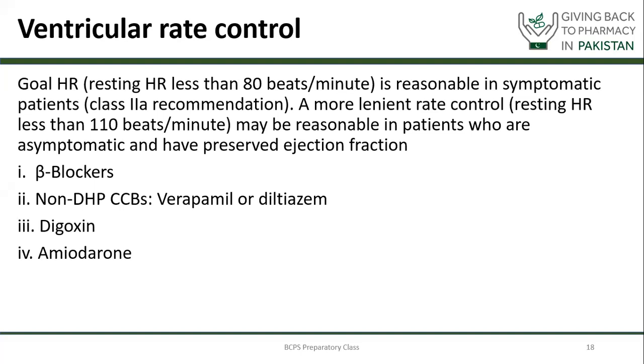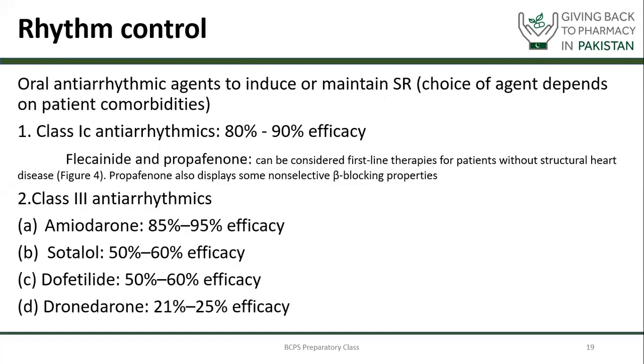Agents are beta blockers, non-dihydropyridine calcium channel blockers, verapamil and diltiazem, because they work mostly on the heart as well as on the peripheries, digoxin, and amiodarone. Rhythm control uses oral antiarrhythmic agents to introduce or maintain sinus rhythm. The choice of agent depends on the patient's comorbidities.